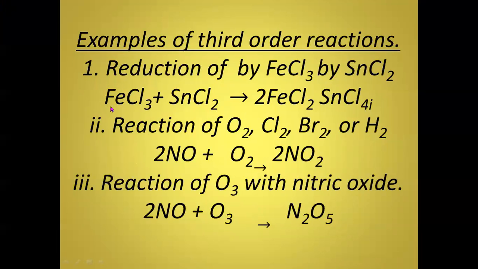When it reacts with this SnCl2, it becomes FeCl2, in which it is in a +2 oxidation state. So it is from +3 state to +2, means 1 electron it gains. 1 electron is gained. Therefore, it is reduced. So it is reduction of iron, which follows third order reaction.